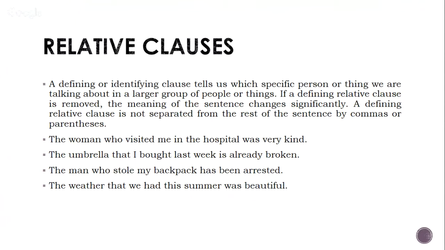It's like the woman what, but here in English, it's better to say who than that. You might say the woman that visits me, but I think it's more common to say who, the woman who, because we're talking about someone. Here, the umbrella that, we're talking about an object. Here is that I bought.